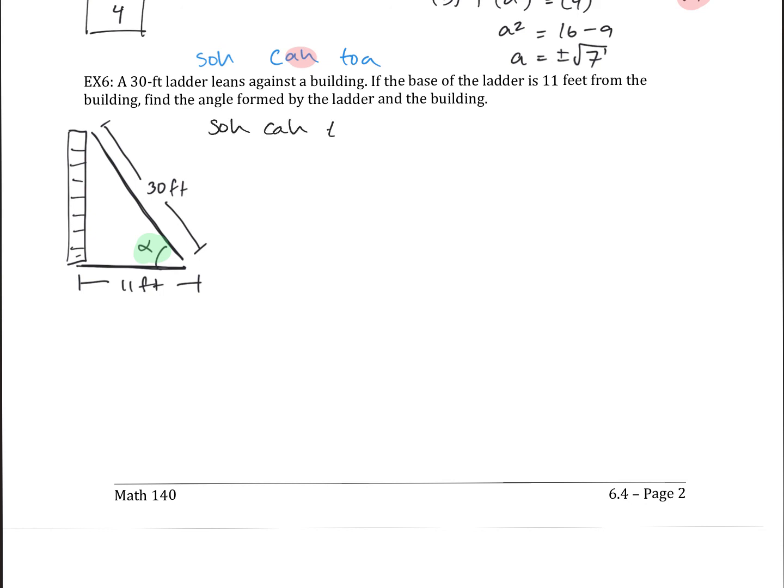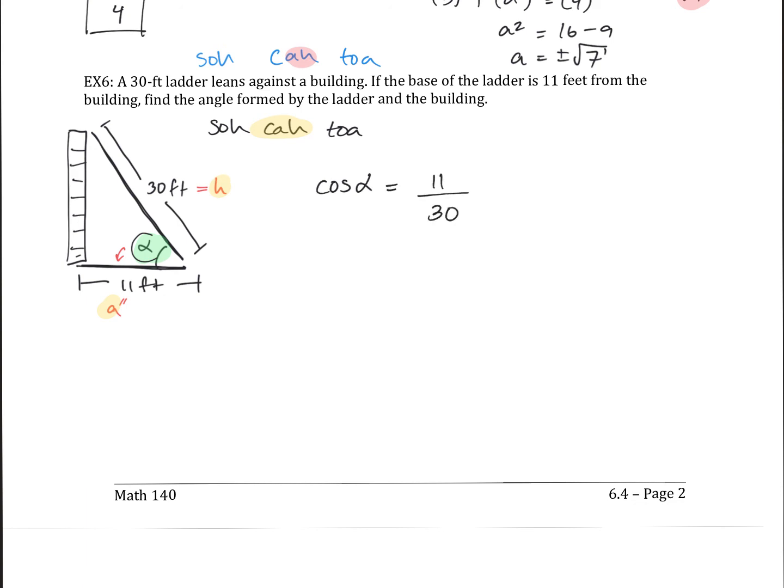The hypotenuse is known, and the adjacent value is known. So which trig function uses adjacent and hypotenuse? Cosine. So cosine of alpha is going to equal adjacent over hypotenuse.